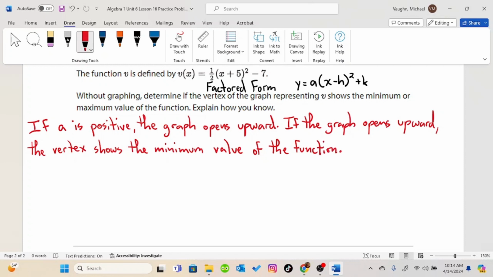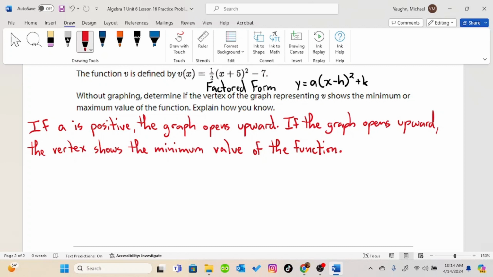Since our a is positive 1/2, then this graph opens upward, and because the graph opens upward, the vertex shows the minimum value of the function.